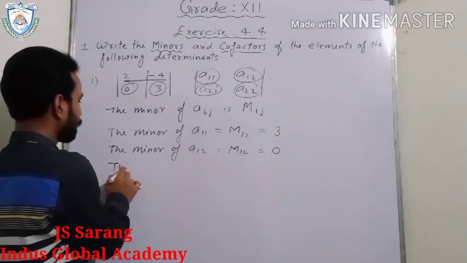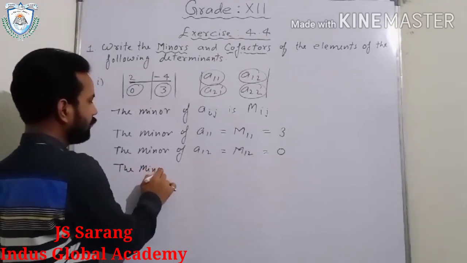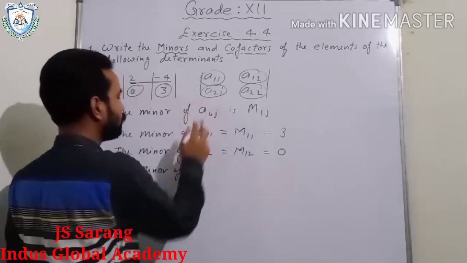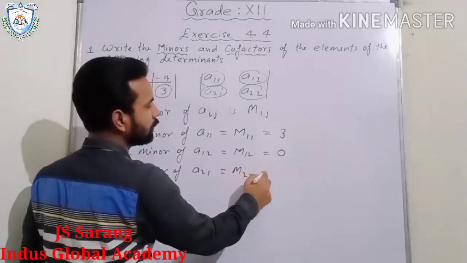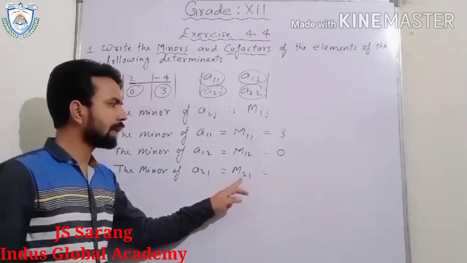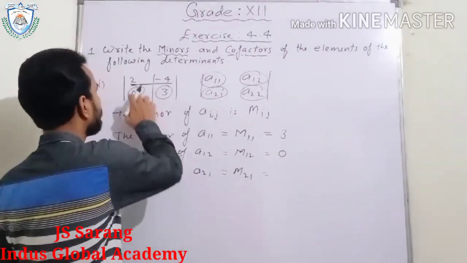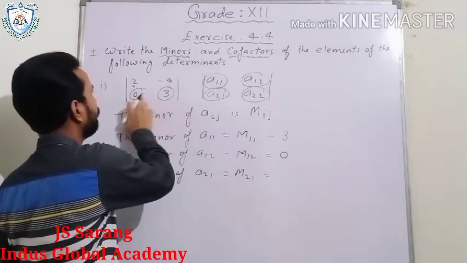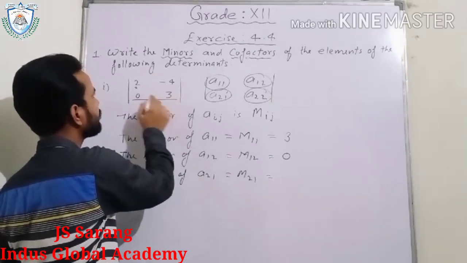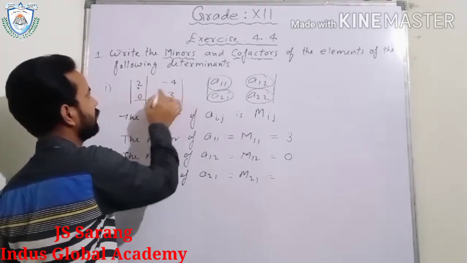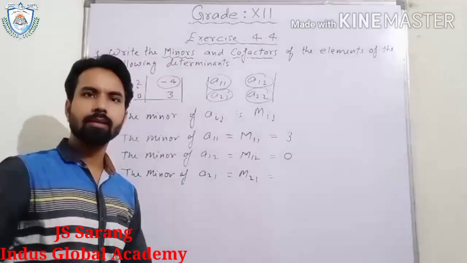Now the minor of A21 equals M21. M21 stands for second row, first column. So now what will we have to do? We will have to hide second row and first column. Second row is this and first column is this. We will hide this. So what is left? Minus 4.